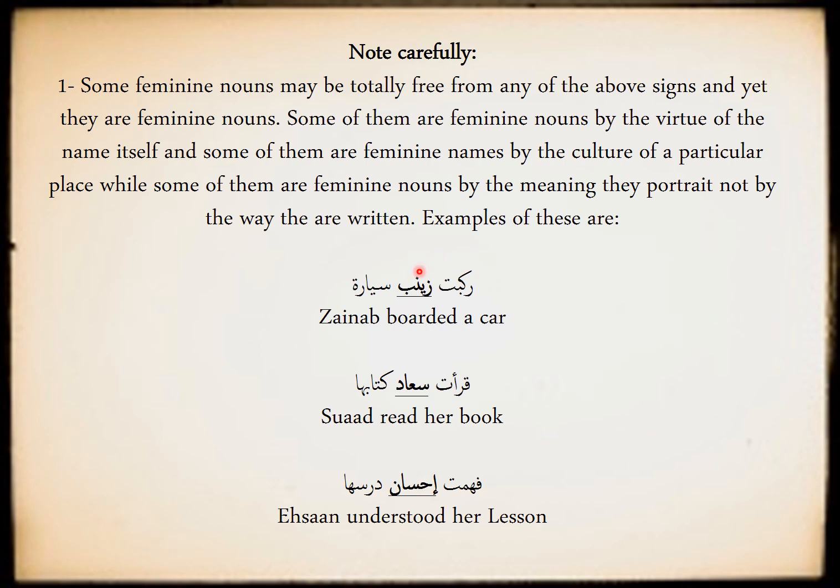ركبت زينب سيارة. Zainab boarded the car. قرأت سعاد كتابها. Suad read her book. فهمت إحسان درسها. Ihsan understood her lesson. You see that the feminine nouns Zainab, Suadu, and Ihsanu don't have a single trace of feminine signs at their ends, but they are still feminine.